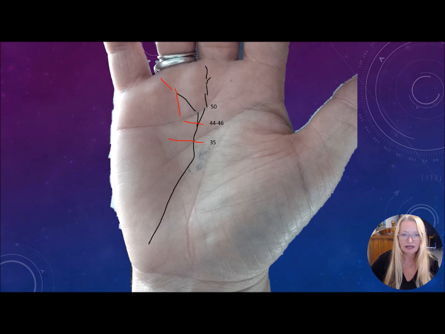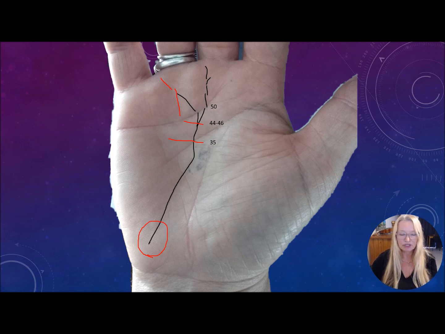So in this case, we are focusing on this black line, and you can see it starts around this area, which is quite deep into the Mount of Moon, and that does represent a strong moon energy.